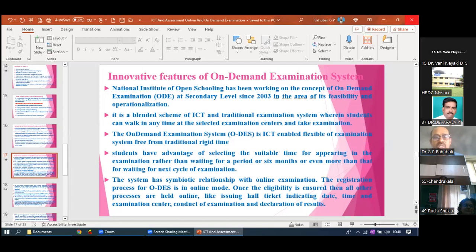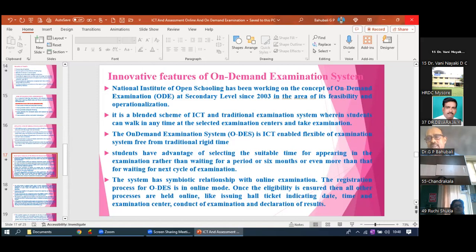We are not forcing the examinee to take the examination, but we give a choice to the examinee to decide the date and time, and they in turn have to inform us, and on that date and time we plan and conduct the examination in a traditional manner or through the use of ICT also.